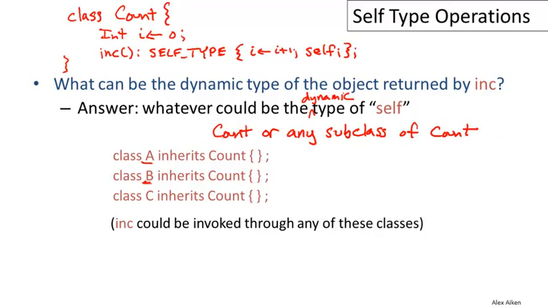So it's going to return something that's at most Count, but it could return something more specific. The dynamic type could be a subclass of Count or a subclass of a subclass of Count. Anything that inherits directly or indirectly from Count is a possibility.